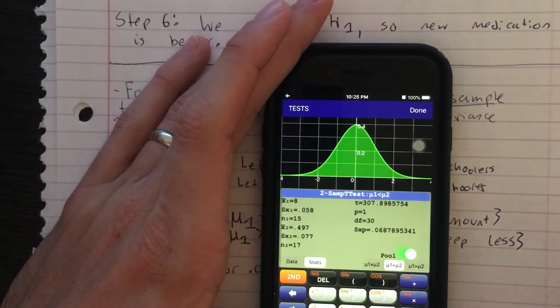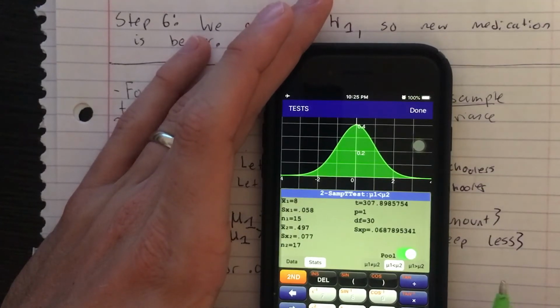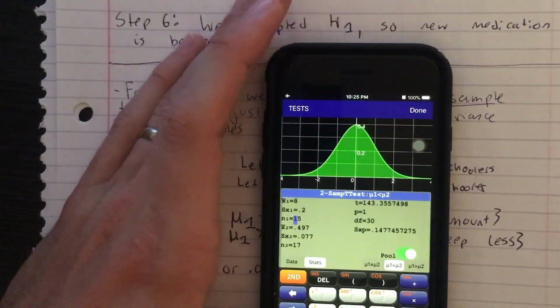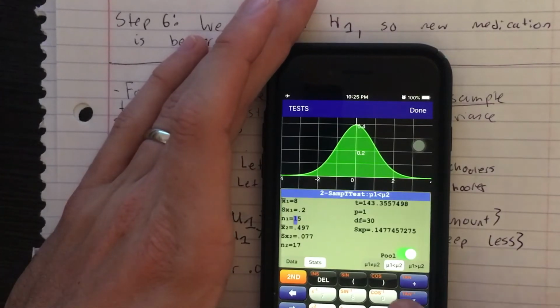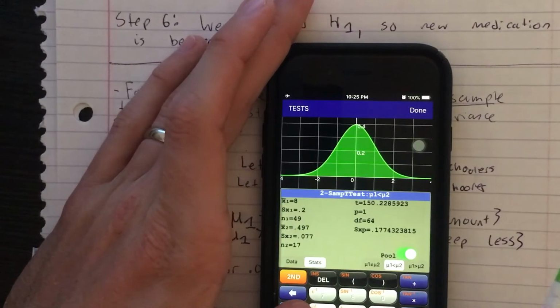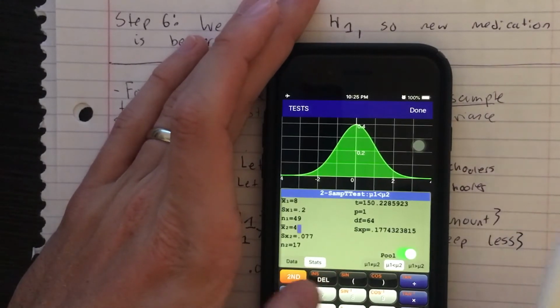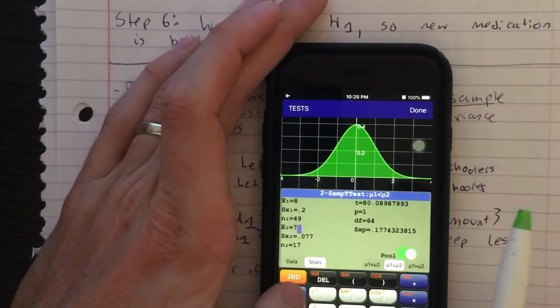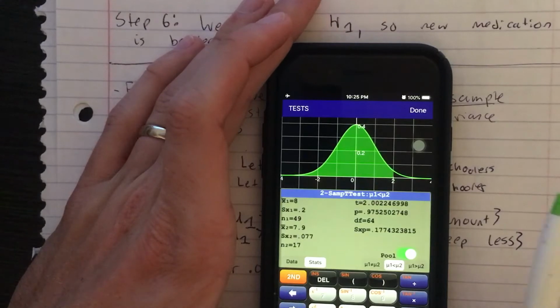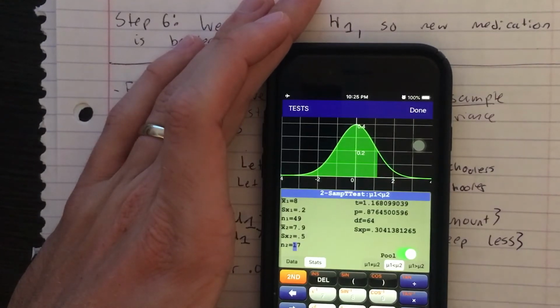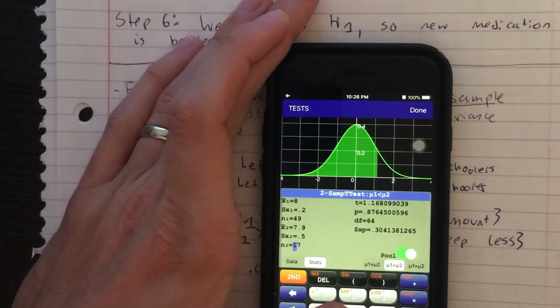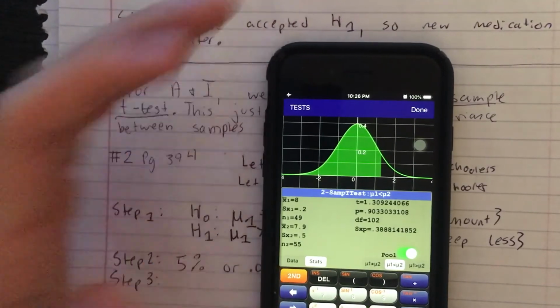The standard deviation for middle schoolers was 0.2. The sample size here is 49. And then we're going to do the same thing for high schoolers. The mean was 7.9, the standard deviation for high schoolers is 0.5, and the sample size of high schoolers is 55.